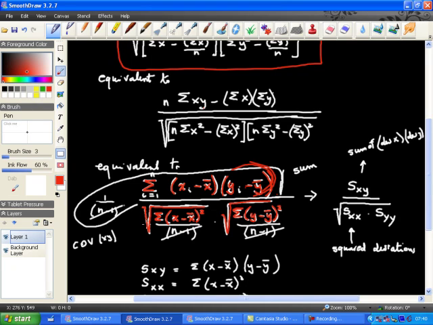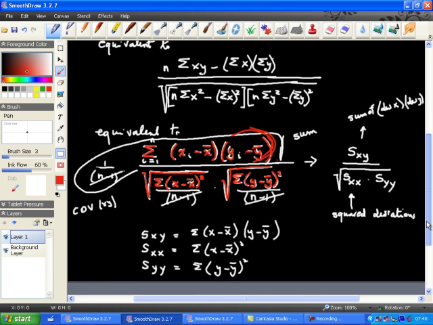If we divide by n minus 1, this would be the standard deviation of x multiplied by the standard deviation of y. And if we divide the numerator by n minus 1 too, it all simplifies, so the n minus 1 are gone, and the numerator of this formula changes this way.